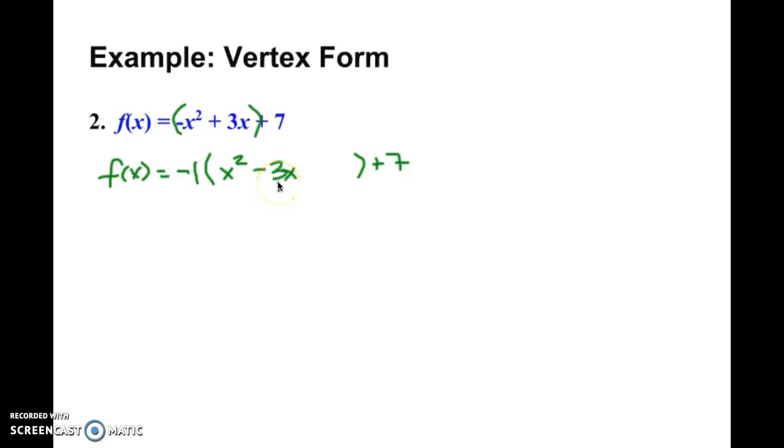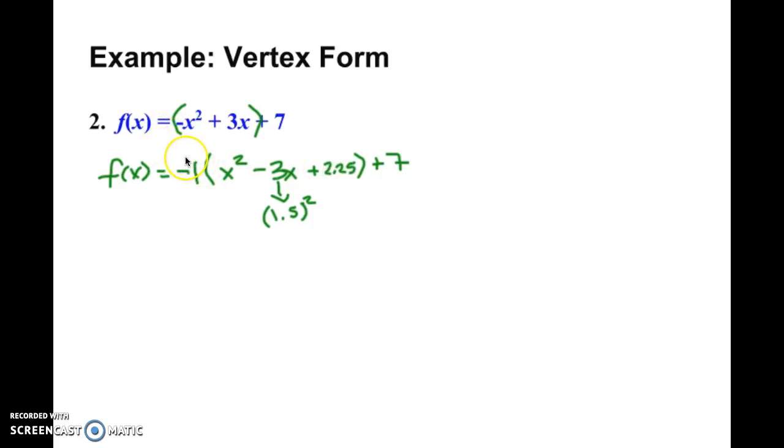Once again, I'm going to take half of this number, and again, it doesn't matter whether it's going to be positive or negative. This is always going to be plus. So half of 3 is 1.5. And when I take that 1.5 and square it, I get 2.25.